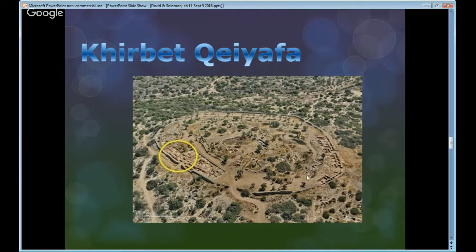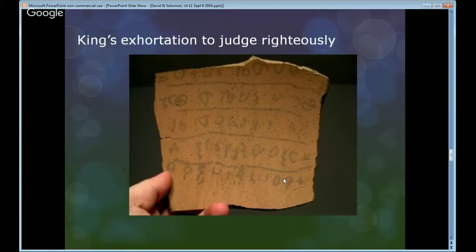The other reason, and you will see this yellow circle on the bottom left, the other reason this city becomes important is because of an administrative document that was found here. And this is called the Qeiyafa shard.